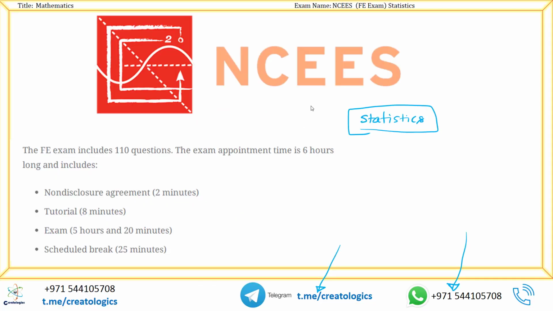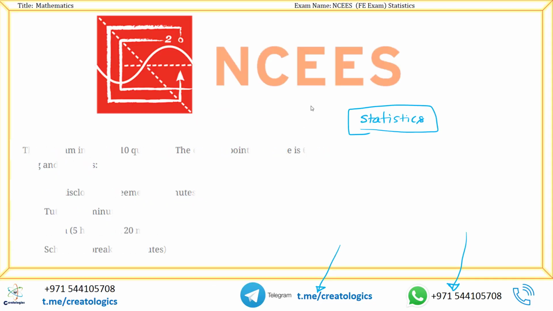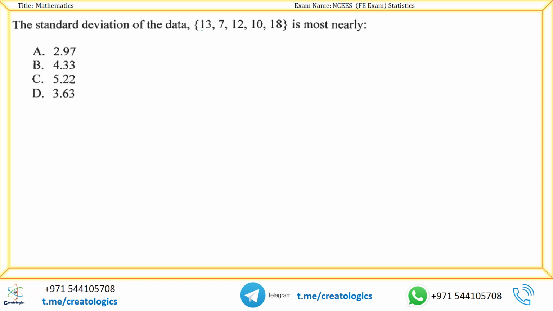So let us move to the first question. First question says find the standard deviation of this data. A data is given to us and we need to find its standard deviation. From this discrete value data, standard deviation is represented by sigma.